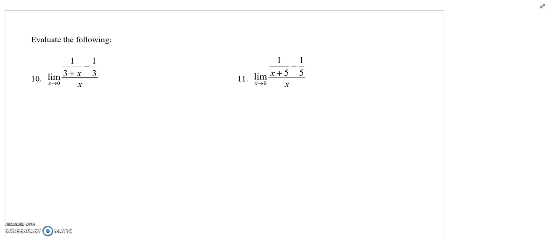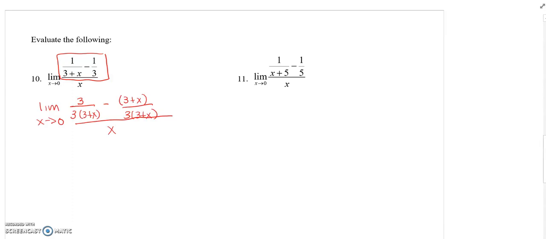But I can do some algebra. And there's many, many different ways that people choose to get rid of this compound fraction situation. What I'm going to do is I'm going to take this numerator and rewrite it using a common denominator. There you go. I went ahead and did that. However, this guy is the one that causes most people headaches because they forget that this entire numerator needs to be negated.